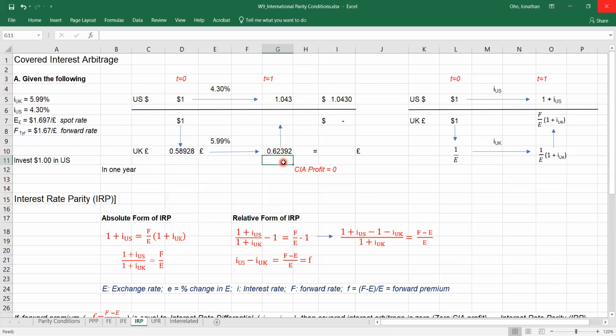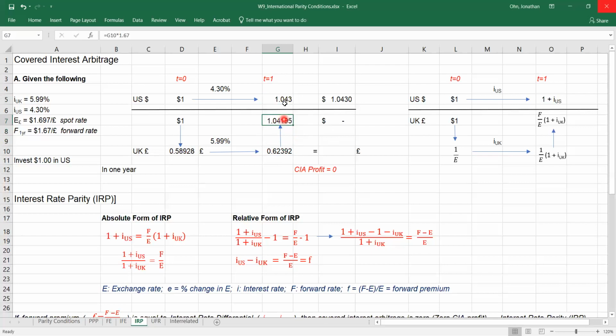I got this, and this is pound. And then if you change that by covering with the forward contract, then this one times 1.67, yeah, 1.67. If you look at this one here, what do you see?